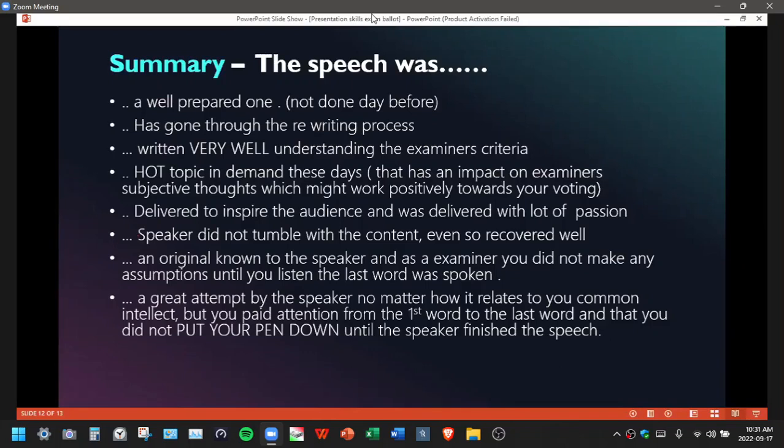And as the third point says, that you have written it very well, so others can understand, and also you have written in a way that you will get points.